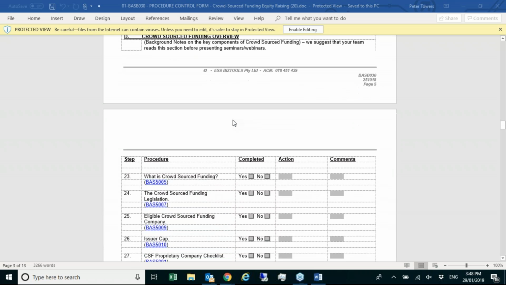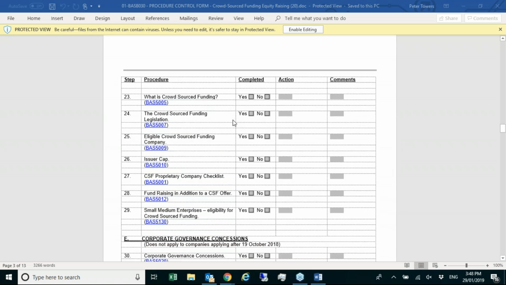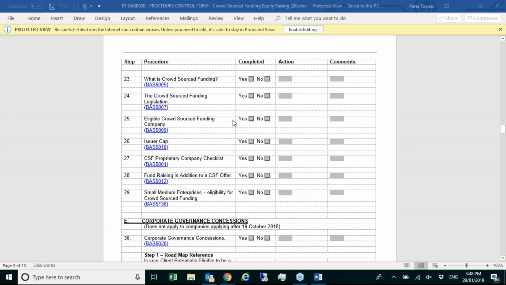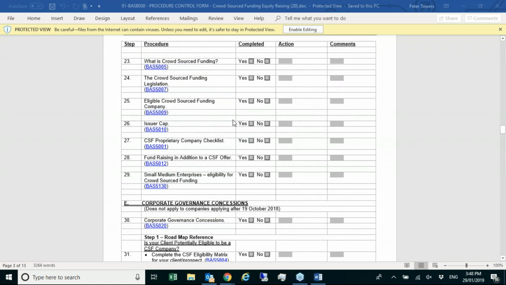Then there's some background material which you and your team should go through first, and some of this you may give to your clients if you wish, to make them aware of if there is an issue, a cap. The retail investor can only invest $10,000 per company per annum. So if they want to go to the market and invest $100,000, they can, but it's got to be over at least 10 companies.